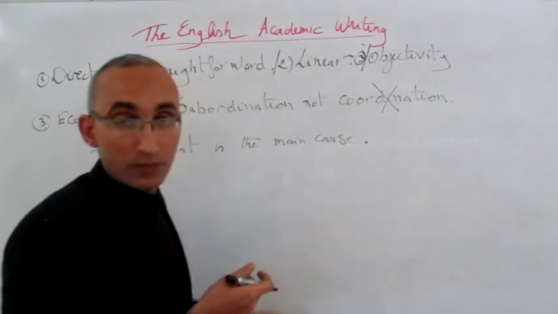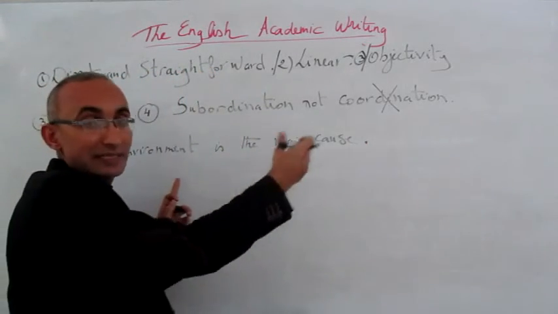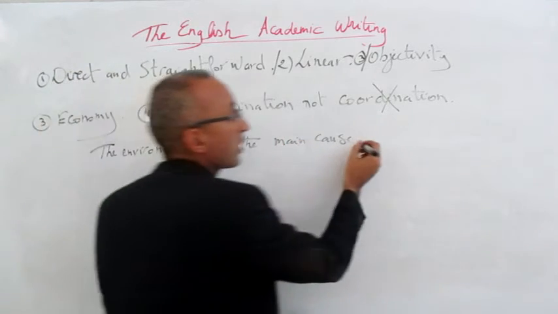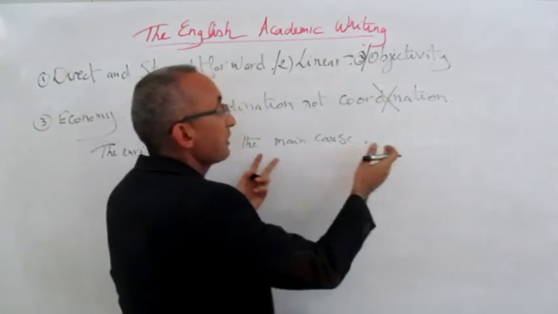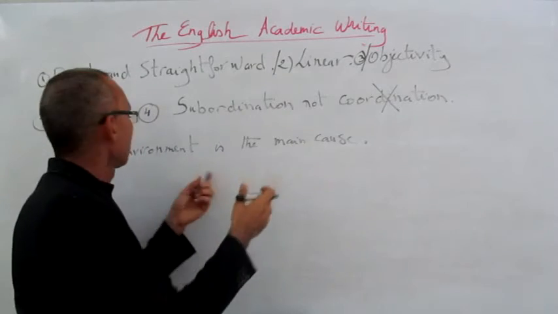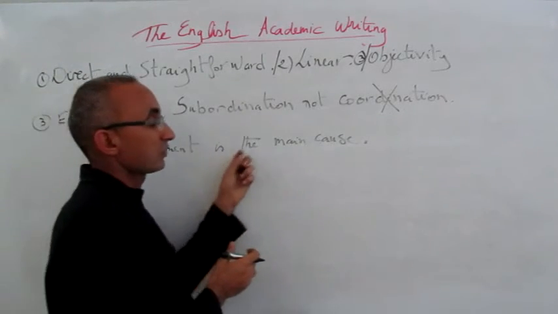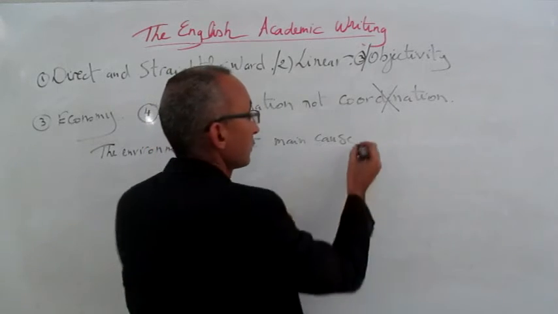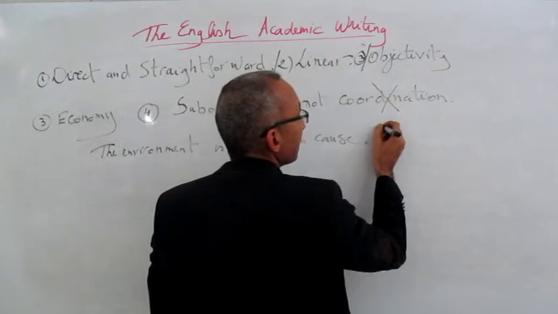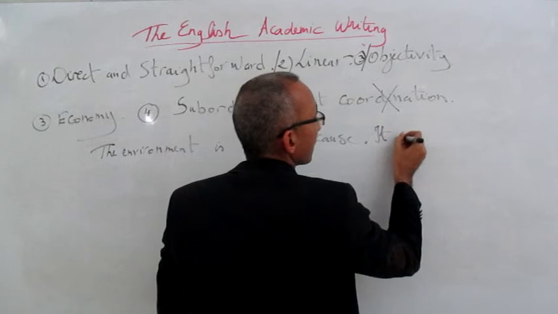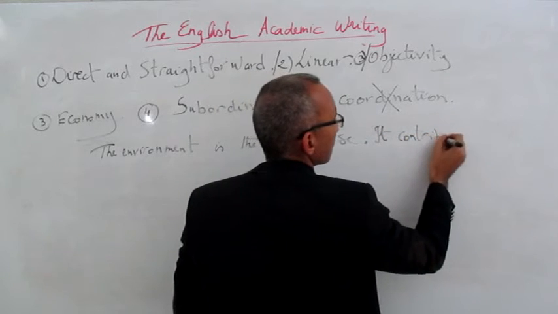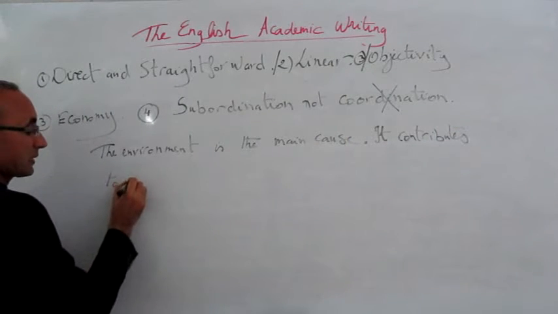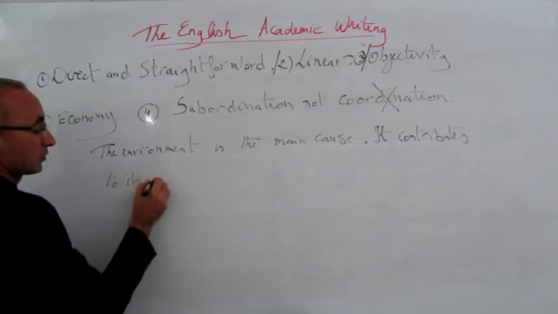But in English, you can write two separate sentences, which are separated by a full stop, but in terms of meaning they are related. The environment is the main cause. No need to add and or also. For example, directly, it contributes to the spread of this phenomenon.